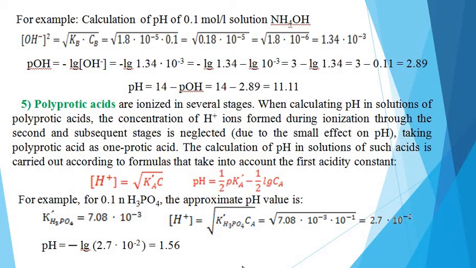For example, for a 0.1 normality concentration polyprotic acid, orthophosphoric acid, the approximate pH value is calculated in the following way: we find the acidity constant for orthophosphoric acid, then we find the concentration of hydrogen ion, and at last we find pH, which is equal to 1.58.